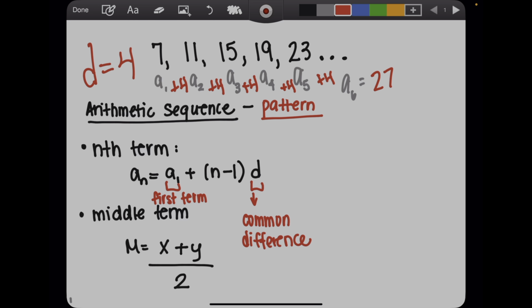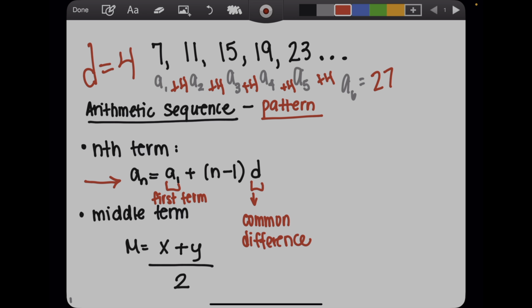So instead, we can use this formula that simplifies this process. a sub n equals a sub 1 plus n minus 1 times the common difference, which is D, where a sub n is our 30th term, our a sub 30, and a sub 1 equals the first term. n would equal 30 because, like we said, we're looking for the 30th term.